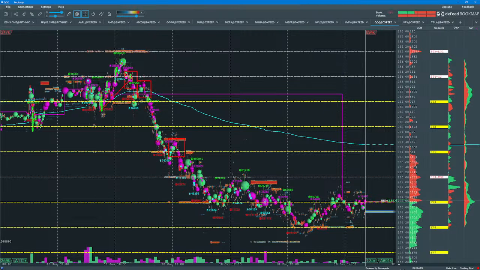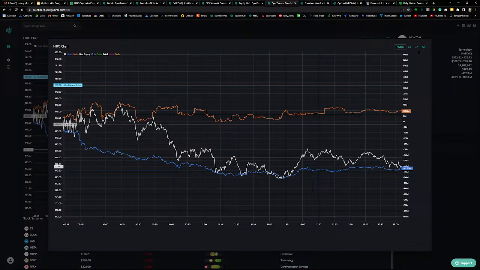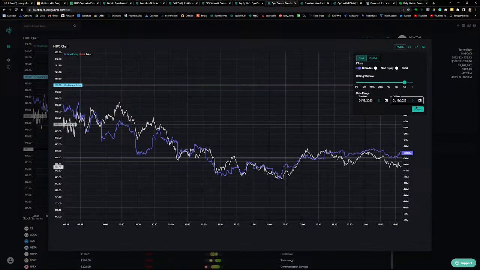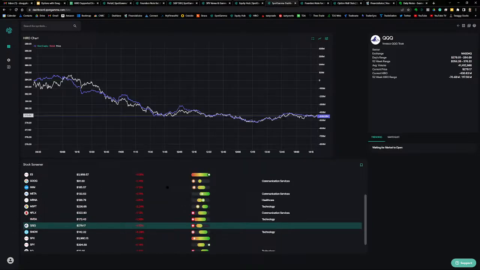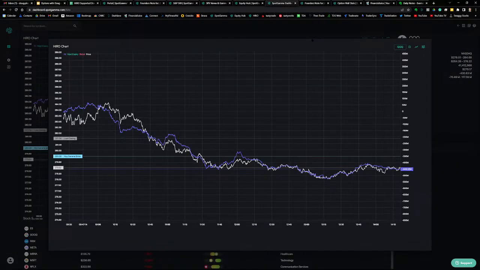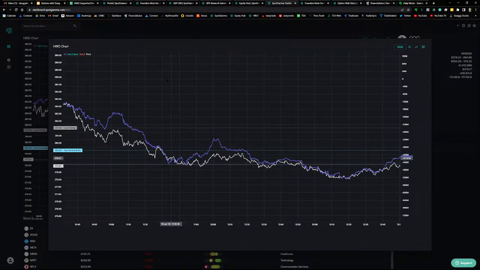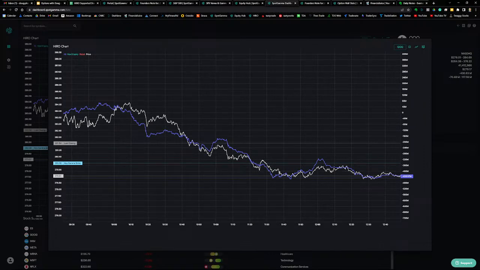And let's take a look at Hero. Go to QQQ. And let's look at the morning. So this is a little bit of a divergence just looking at the total signal.